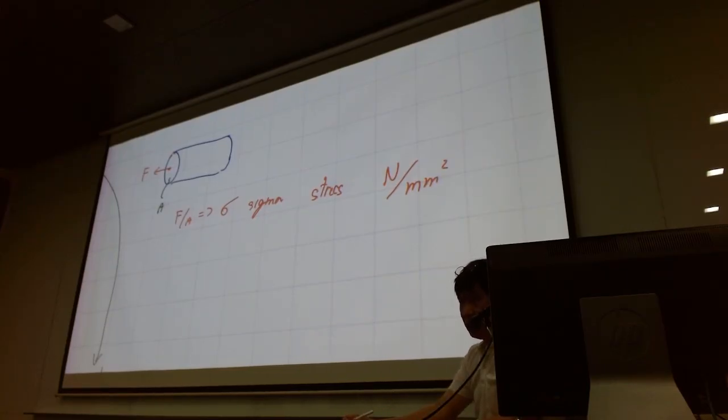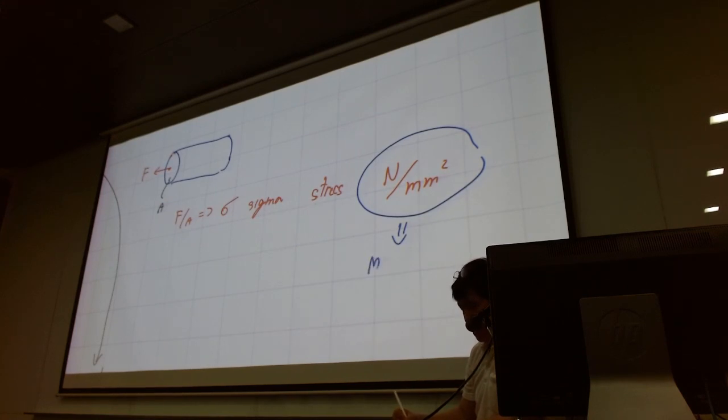And usually the area is millimeter squared, not meter squared, in terms of the machine that we use. So this by itself is equivalent to megapascal, where your Pa equals Newton per meter squared. But Newton per millimeter squared is the common unit that we use in the industry.